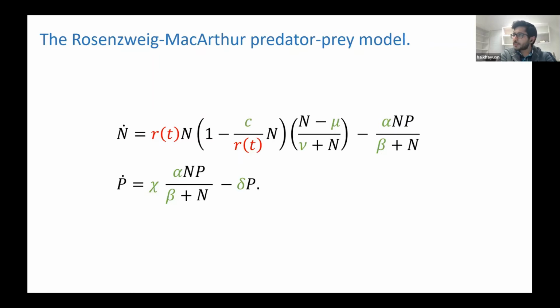We assume that the carrying capacity of the system varies with time in a piecewise constant sense. So that's why I'm making this parameter R time dependent and fixing the other parameters and marking them in green.